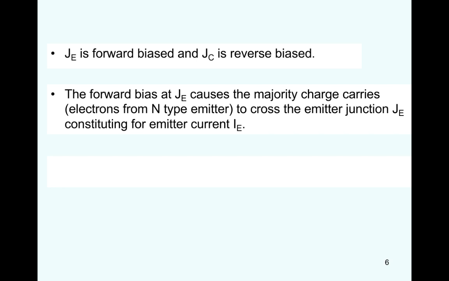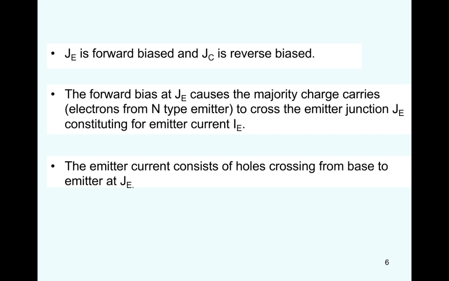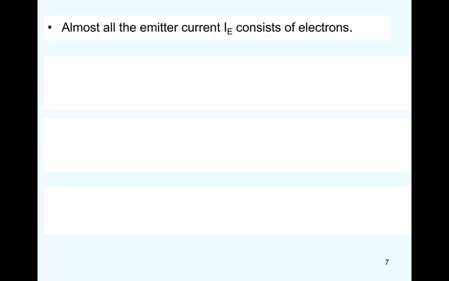The emitter current consists of holes crossing from base to emitter at JE, but almost all the emitter current consists of electrons only. That means the emitter current is formed by electrons only.